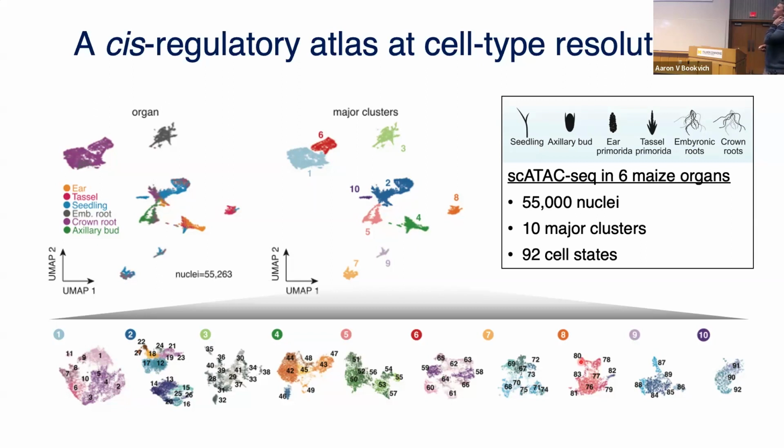And so one of the first things that we noticed, first of all, is that cell identity, so each dot in these plots represents a single nucleus. And sort of generally, dots that are close together have more similar chromatin accessibility profiles across the genome. So 2 dots that are close together are more similar. 2 dots that are very far apart, generally not as similar, right?